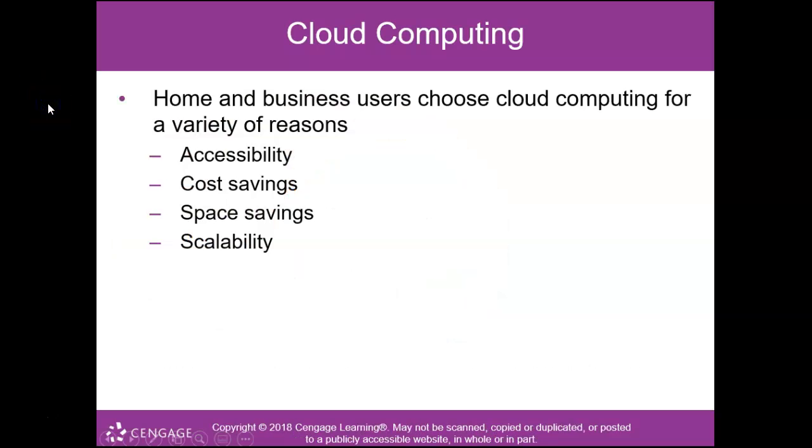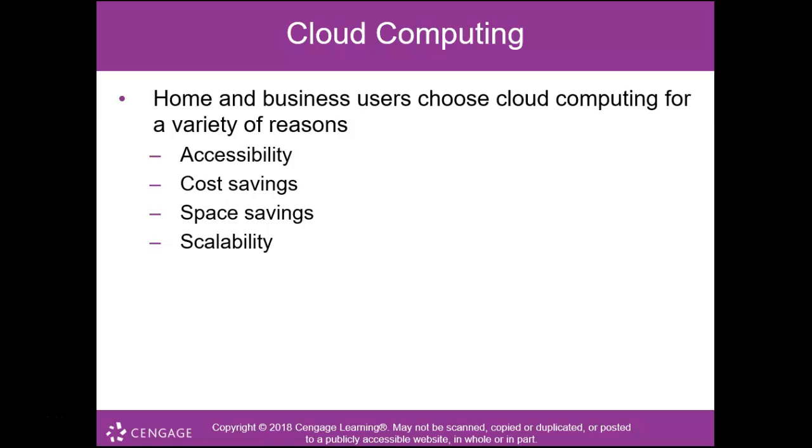Now, moving from CPUs and cooling, I'd like to move to cloud computing. So recall that cloud computing allows users access to resources through the use of the internet, right?